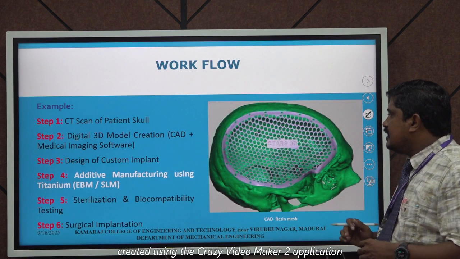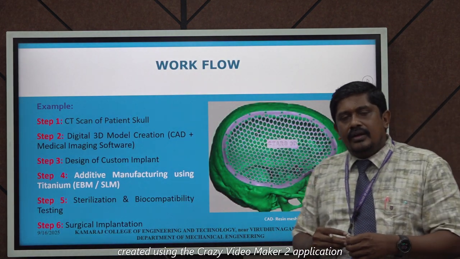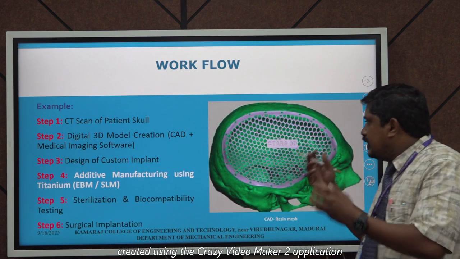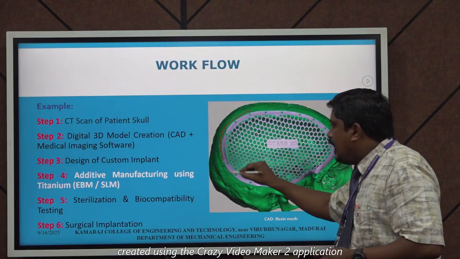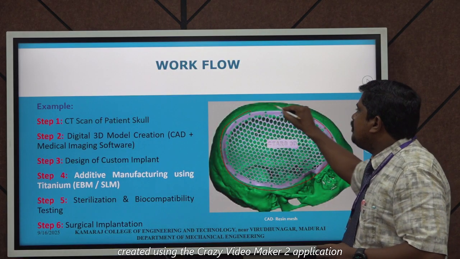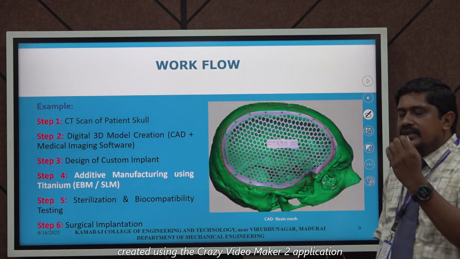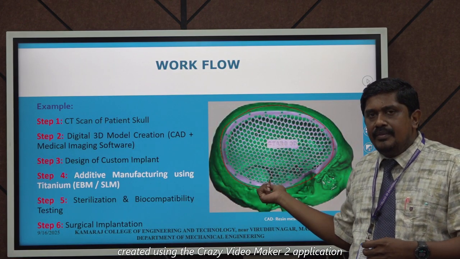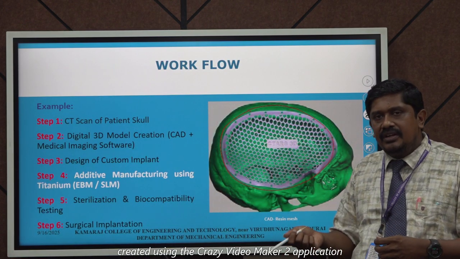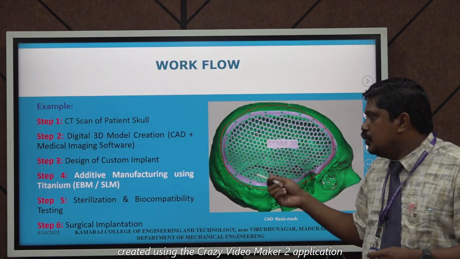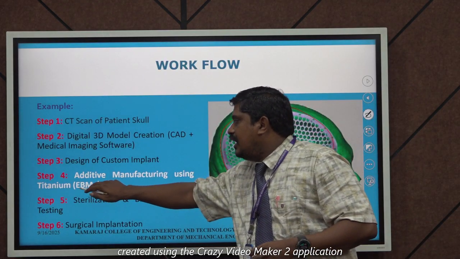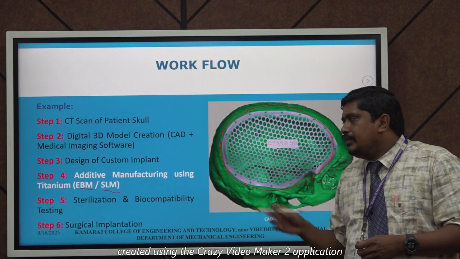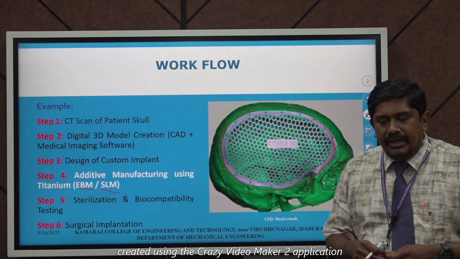And this is the customized implant stage. The next stage is, after getting the customized image, we try to create the real titanium implant design. This is actually a 3-dimensional design. After getting this 3-dimensional design and a lot of validation, we can create it by using SLM and EBM, electron beam melting, and selective laser melting.